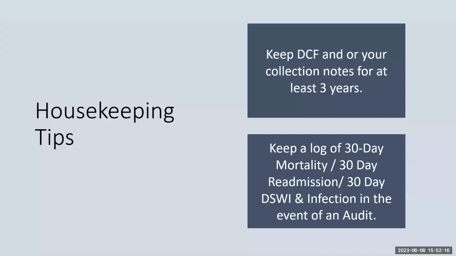It's basically however you want to keep your books, whether you want to have an Excel spreadsheet that has the name of the patient, date of the surgery, and yes, he's alive on day 31, and I verified it here, or he wasn't readmitted and I verified it here, and he didn't have an infection and I verified it here. It could be as simple as that.